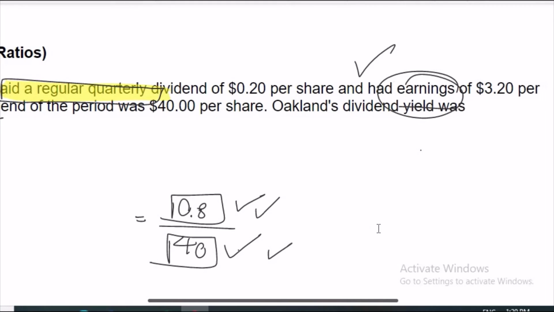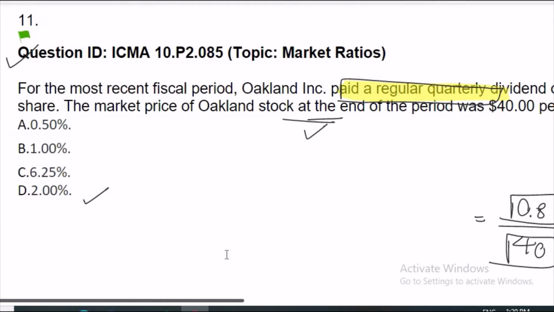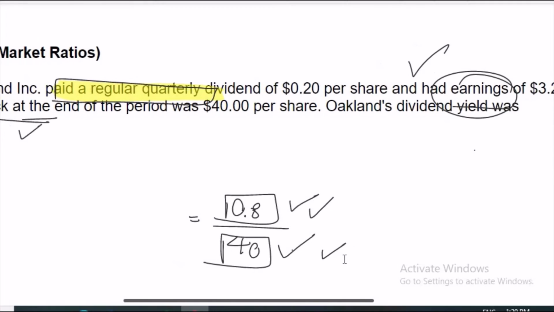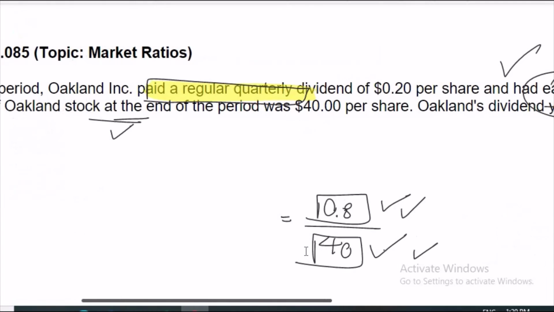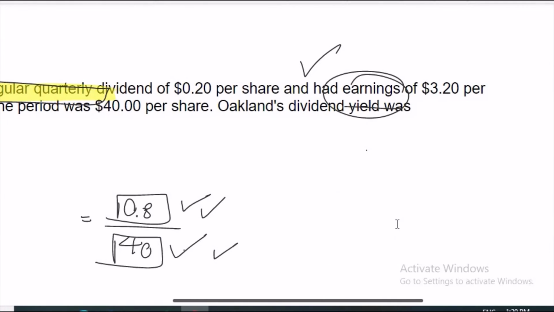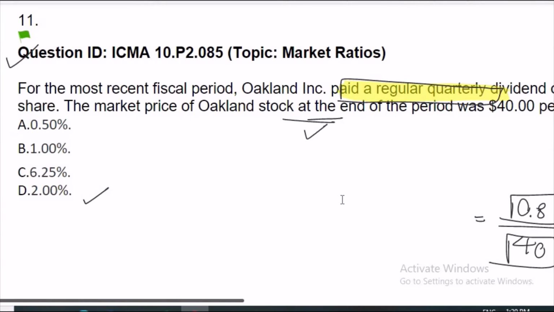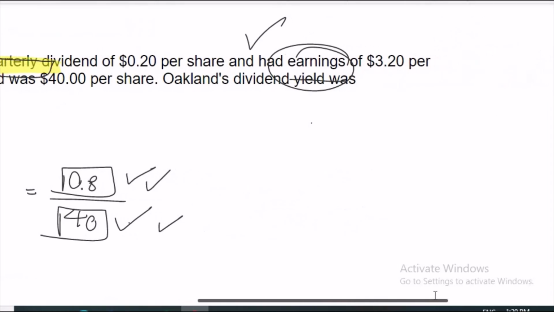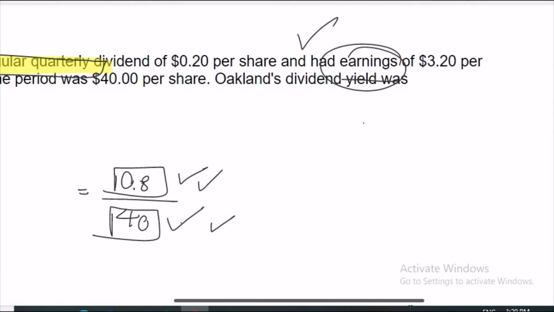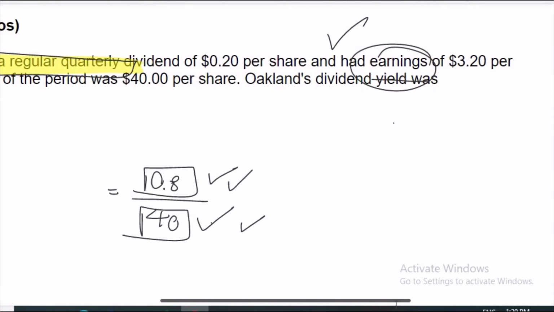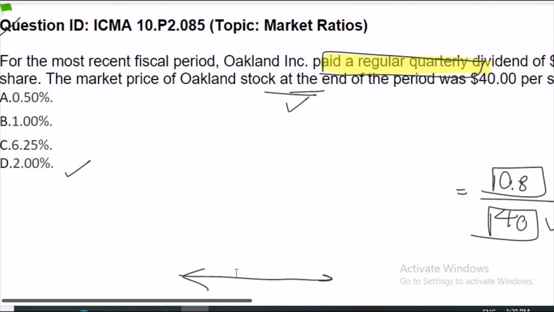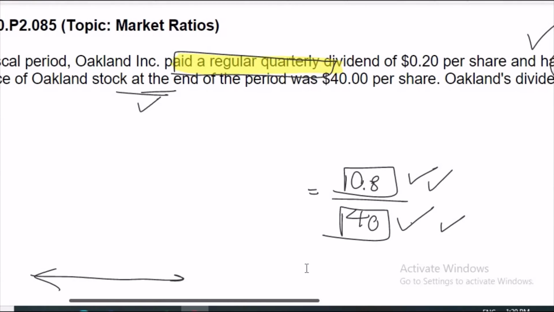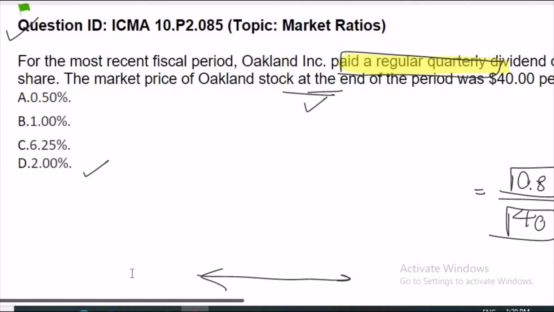So dividend yield was 0.8 by 40, that is 2. So how did we get it? Twice 40 is 0.8, that is 2.